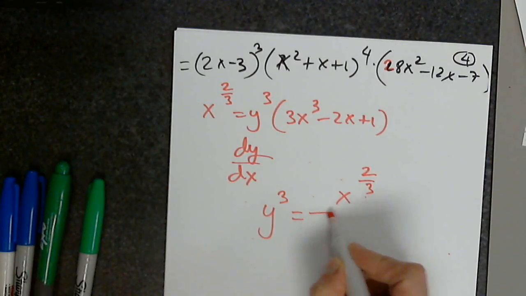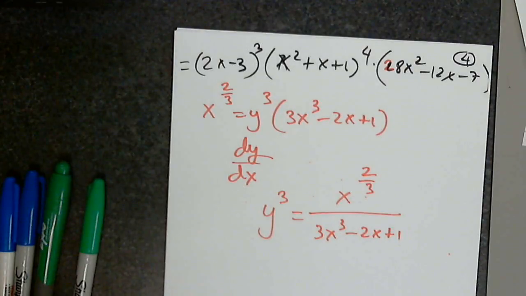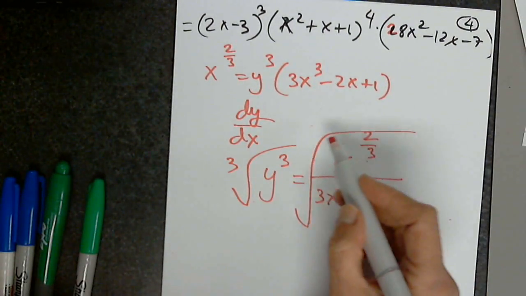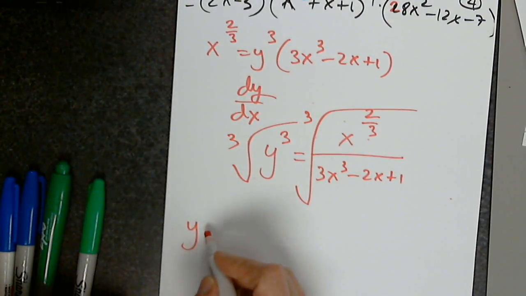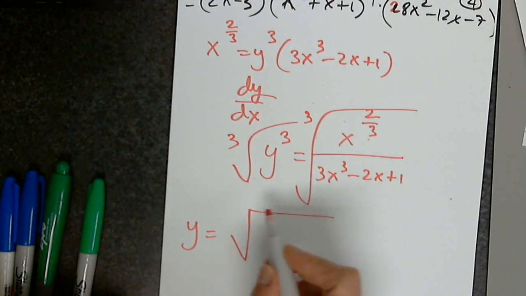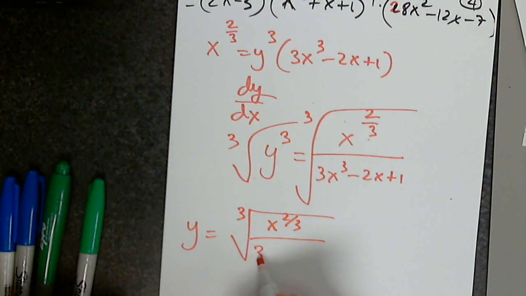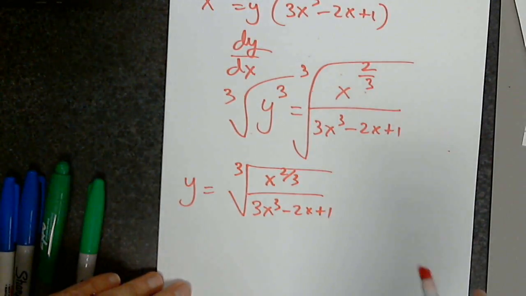So if you want to solve for y, then you will have to solve for y cubed first. x to 2/3 divided by 3x cubed minus 2x plus 1. And taking the cube root from both sides makes it very messy. Not a trivial problem. So the cube root of x to 2/3 over 3x to the third minus 2x plus 1. This is ugly, but let's do it.